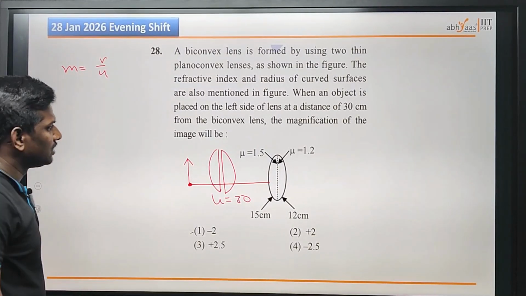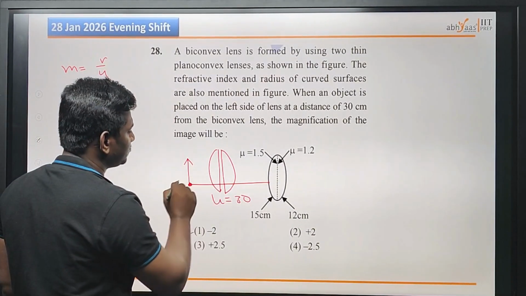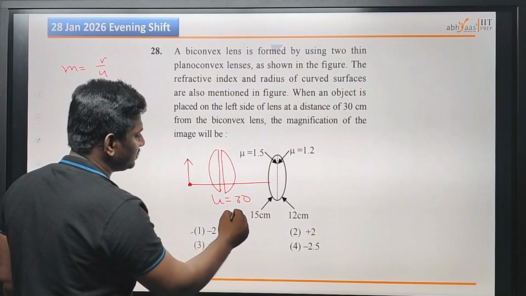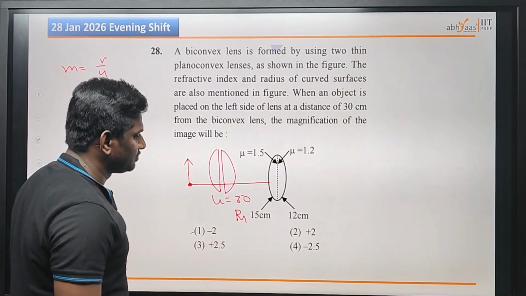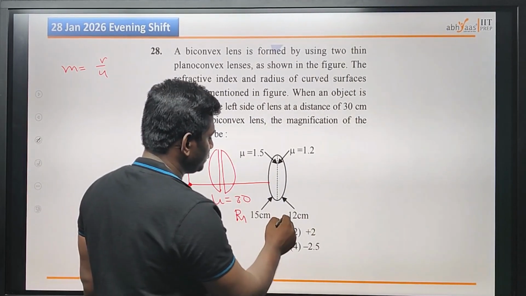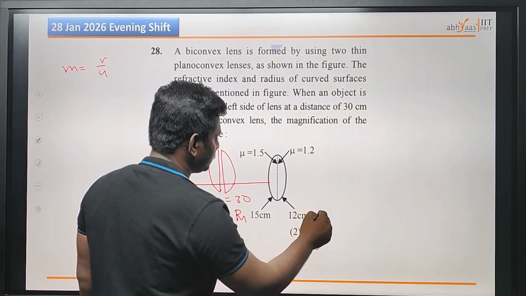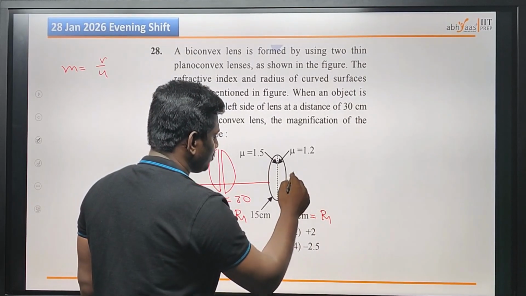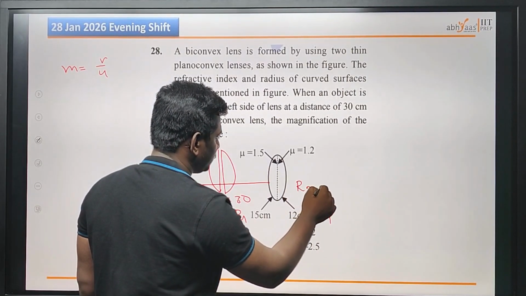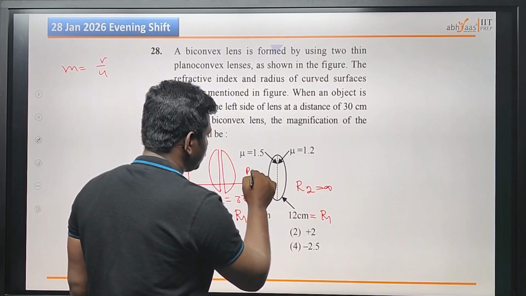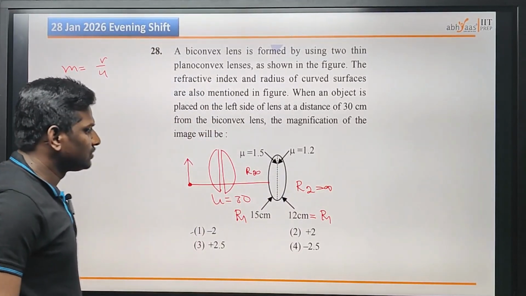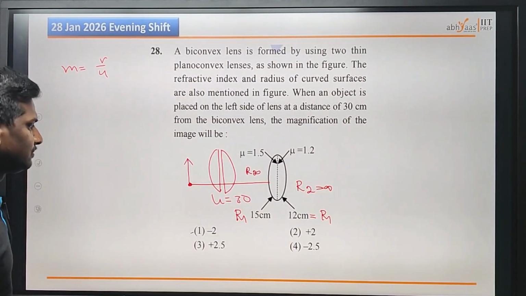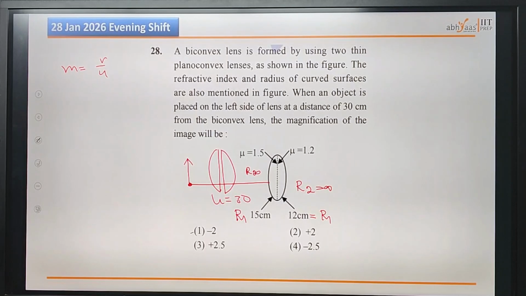Take this 15 centimeters as your r1, and one more r is there. R2 here is infinity. Let's start.